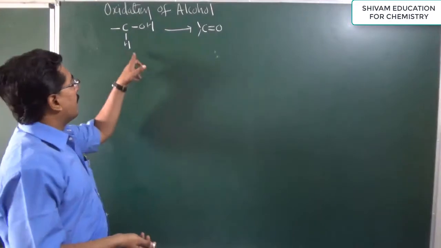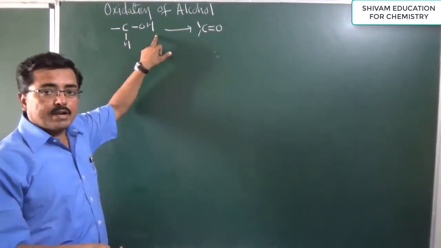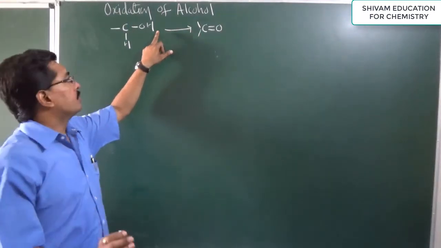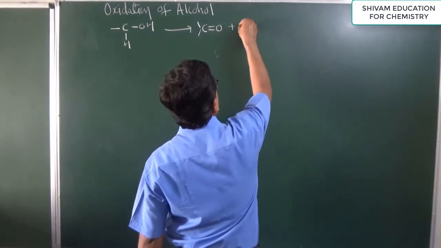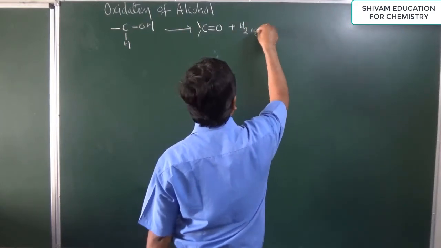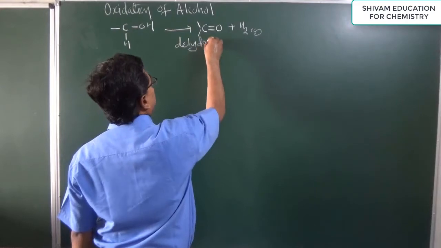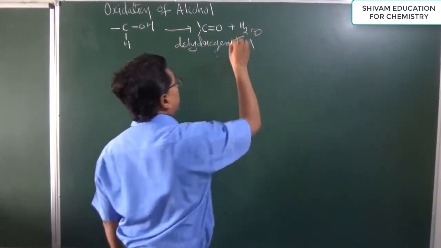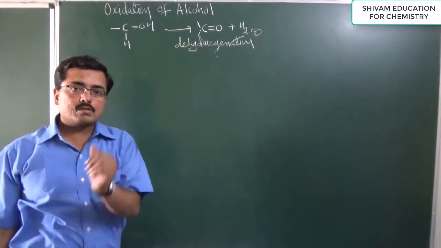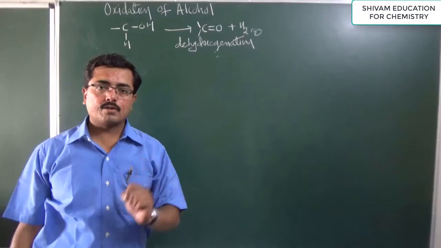In short, hydrogen is removed from carbon, so the carbon-hydrogen bond breaks. Hydrogen is removed from oxygen, so the oxygen-hydrogen bond breaks. During this reaction hydrogen is removed, so this reaction is also known as a dehydrogenation reaction, since hydrogen atoms from both carbon and oxygen are removed.